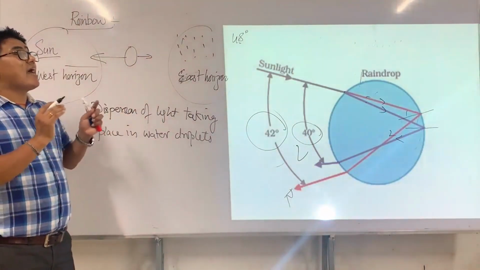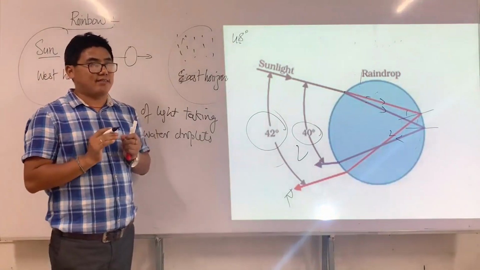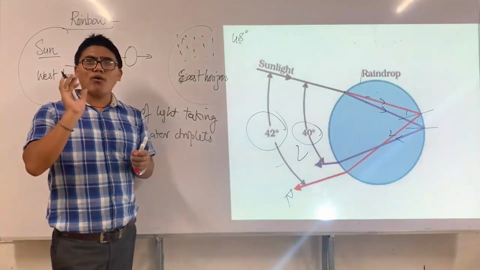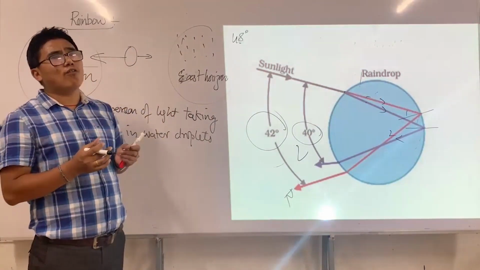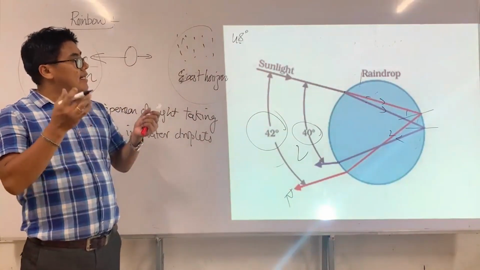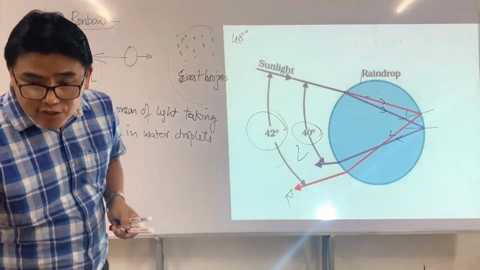This is what exactly takes place in every drop of rain. I have shown you only a single drop, and this is what takes place in every drop of water in the sky.